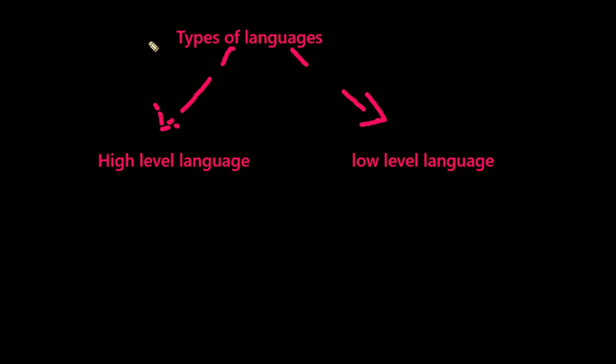There are two types of languages, high level language and low level language. A high level language is one which mainly focuses on the programming logic rather than on the underlying hardware.